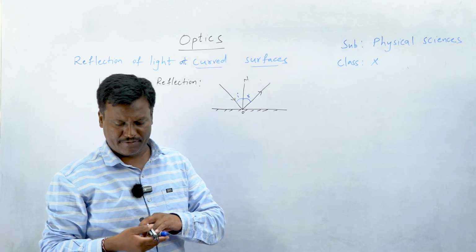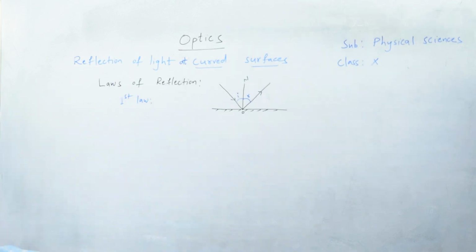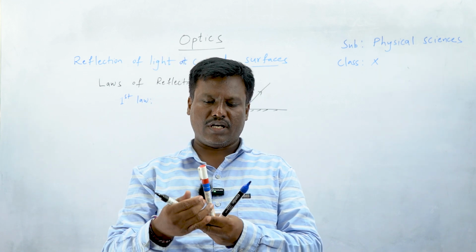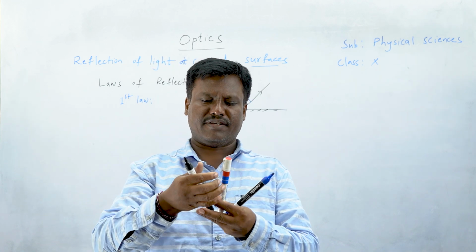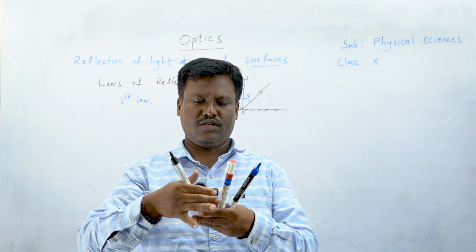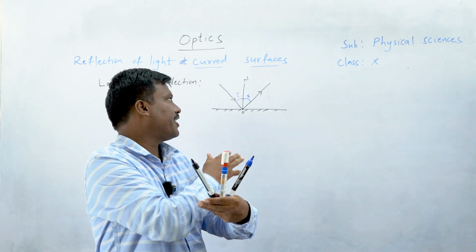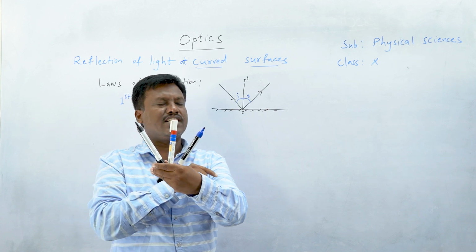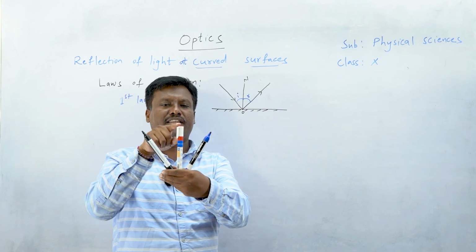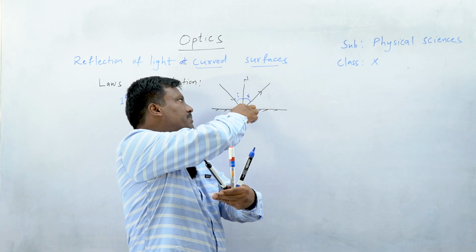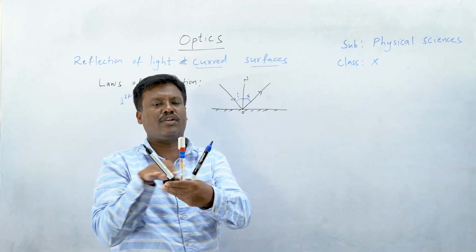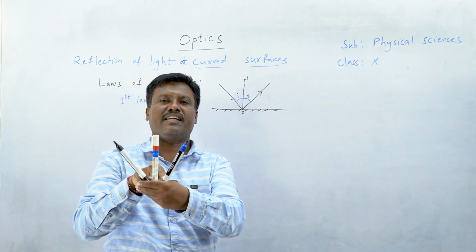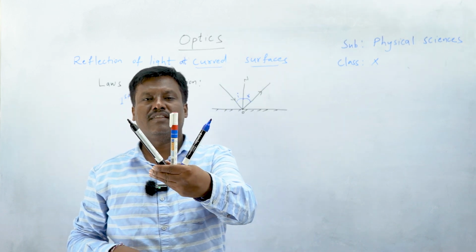I will make it more clear. I'll take these markers. These three markers represent the same diagram which we have on the board. This black marker is the incident ray, this marker is the normal, the perpendicular drawn to the surface, and this one is the reflected ray.